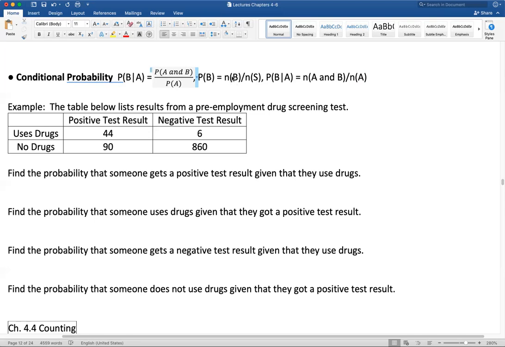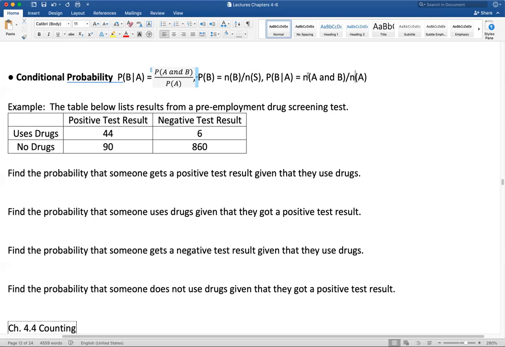This is the number of outcomes in B, but this is the number of outcomes in A and B. But the important thing is the bottom of the fraction. For P of B, the bottom is N of S, but in conditional probability, the bottom is N of A. So the sample space is reduced to the event A.